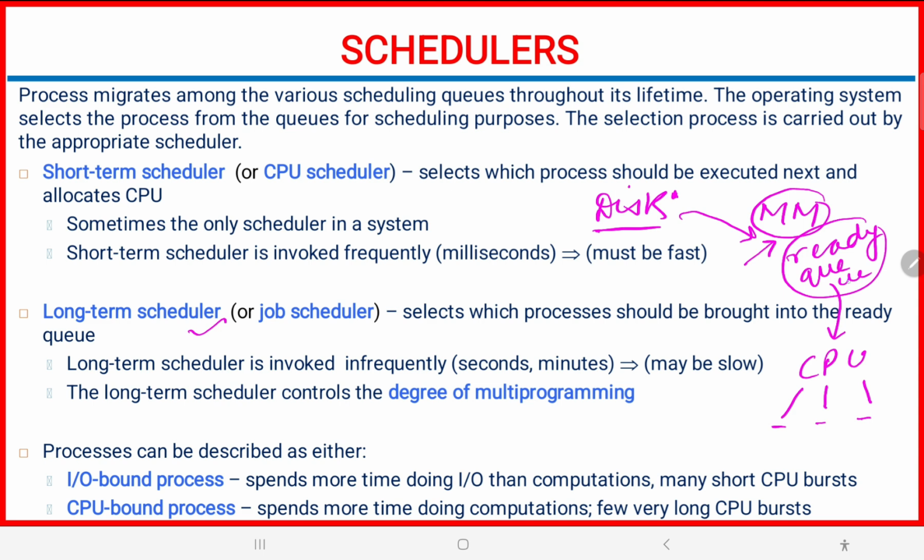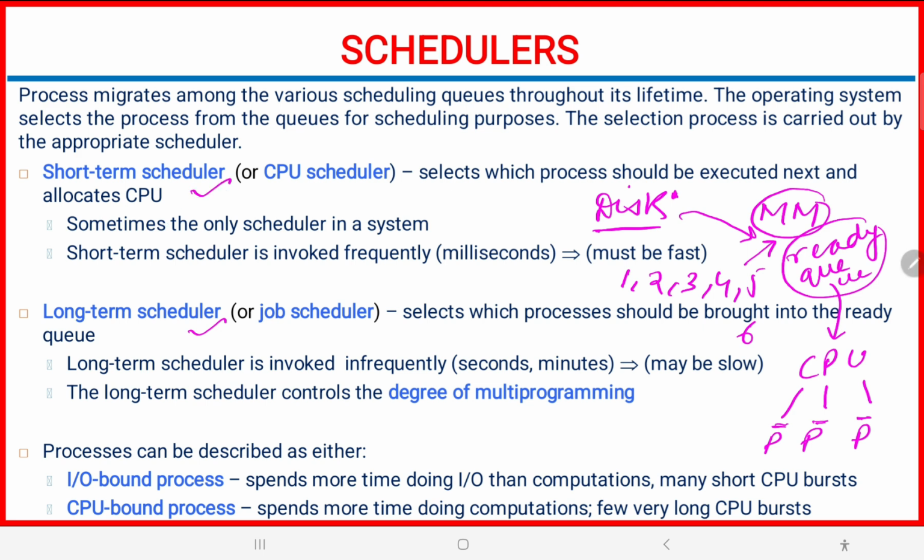Suppose a ready queue has as of now 6 processes, all the cores of the CPU are idle, and there are 3 CPU cores. Out of these 6 processes, only three can be transferred to the CPU, one process to each CPU core. So it is the short-term scheduler.